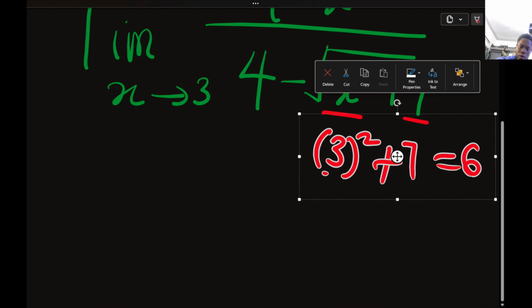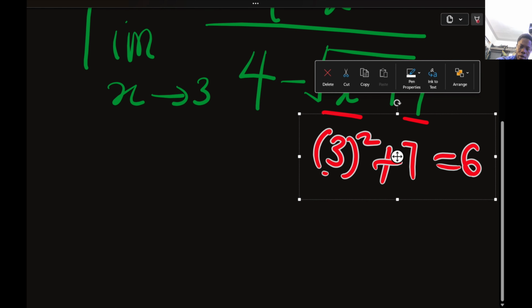So we continue to simplify. We'll be having the limit of 9 minus x squared in one bracket, then another bracket 4 plus the square root of x squared plus 7, with the same square root, as x approaches 3.